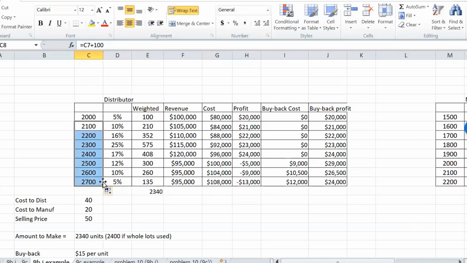If you notice, the weighted demand is 2,340, so it's 2,400, but it's still at the exact same spot.